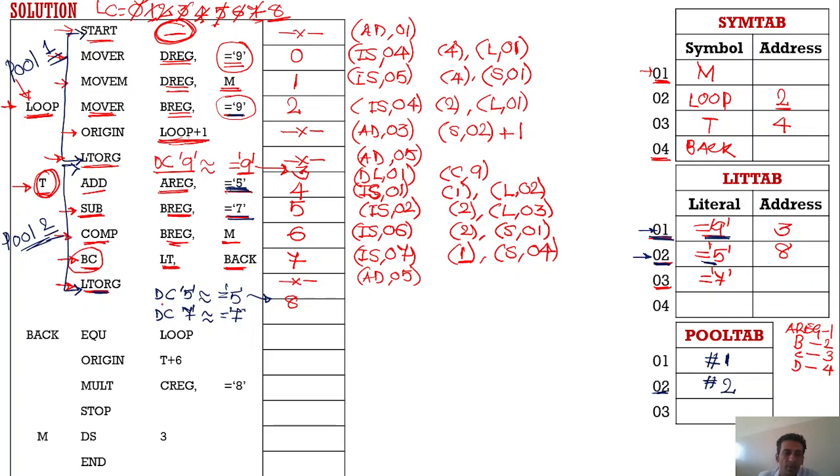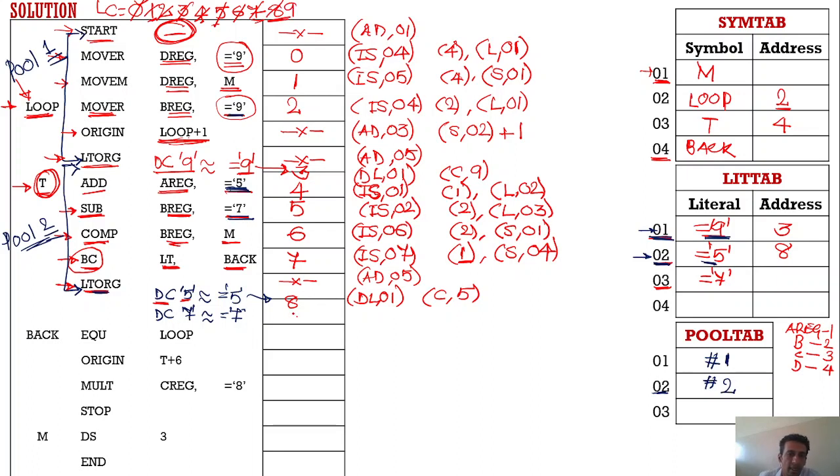In the intermediate form for DC, we can write DL comma 01 and the operand as 5, which is a constant, so C comma 5. Similarly, the length of this literal is 1, so I should increment LC by 1. Now my LC is 9.